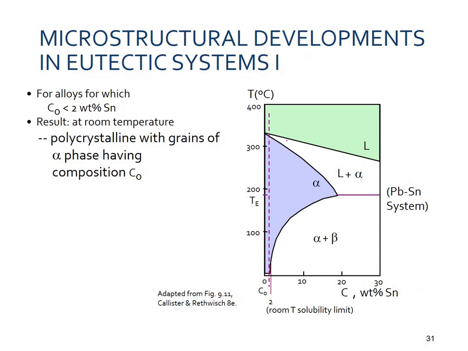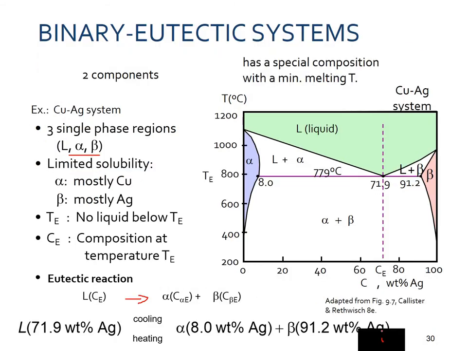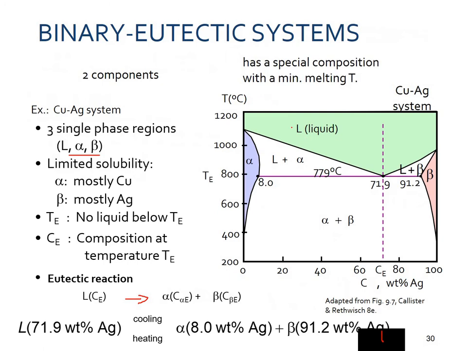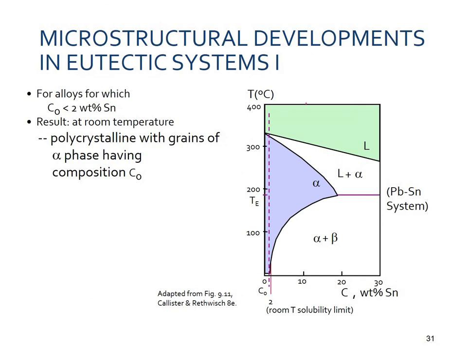Now here is the most important part, discussing the microstructural changes in the hypoeutectic and the hypereutectic. So we go ahead, and this is again the liquid. We are just discussing this area of the hypoeutectic. While cooling from 400 degrees centigrade, you can see that this is all liquid.